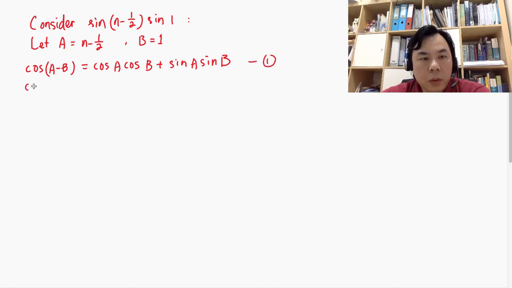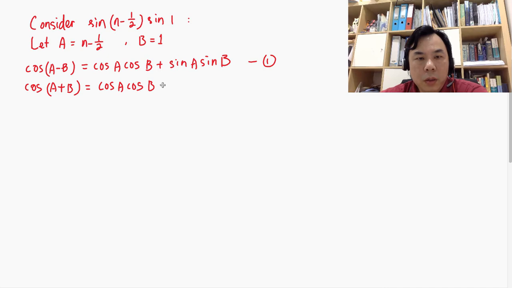Now, the second one is the same identity, but instead of using minus, we're going to use a plus here. So that will be cos A cos B, subtract instead. Right, now that will be our second equation.